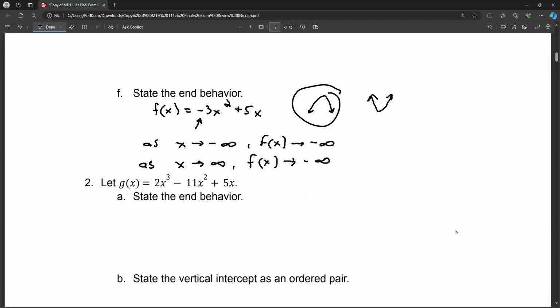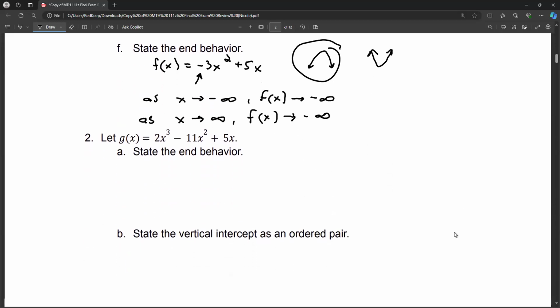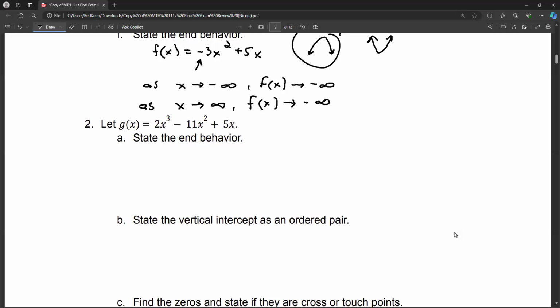Okay, moving on to question 2 here. Now they're giving us a function g of x. And right away, they're asking us to state the end behavior. We will first note that g of x has odd degree, and also that the leading coefficient is positive 2. So that implies that as x goes to positive infinity, the output also goes to positive infinity.